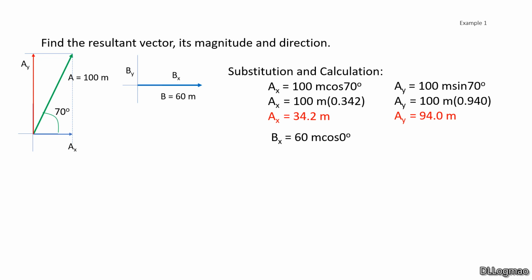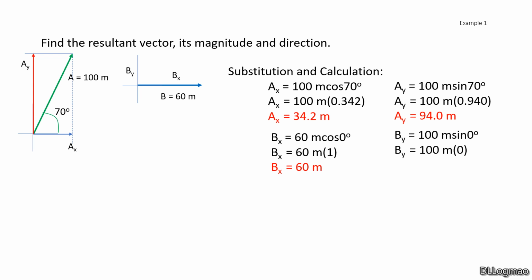B sub x is 60 meters times cosine 0 degrees. Cosine 0 degrees is equal to 1. Thus, B sub x is equal to 60 meters. The y component of vector B is equal to the product of 100 meters and sine 0 degrees.